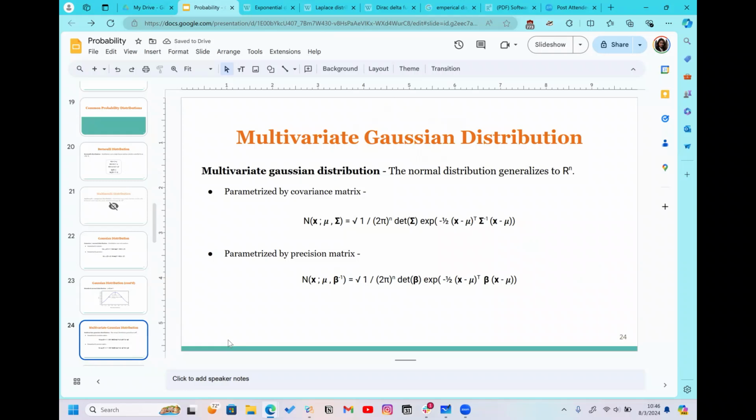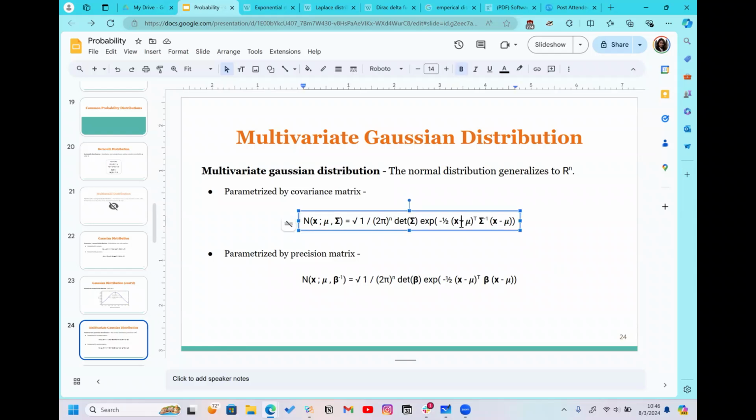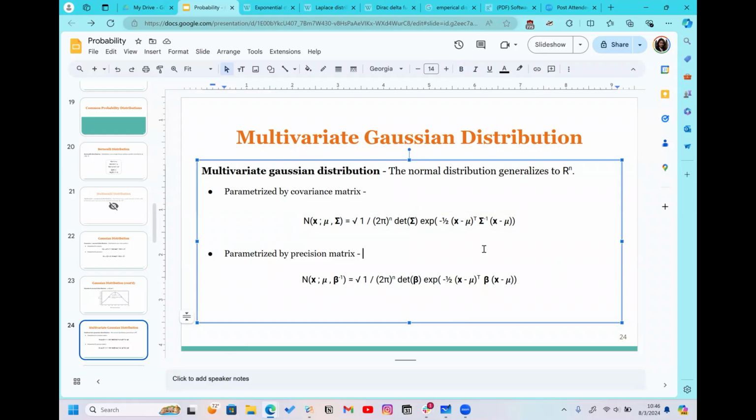then we have the multivariate Gaussian distribution. So that was for a single variable, right? Here it is for 2 or more variables. So here the standard deviation becomes the covariance matrix. And actually, I tried to look at this derivation, and it's not complicated, but it's a little mathy.